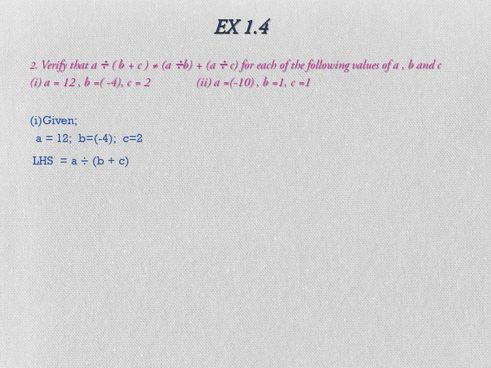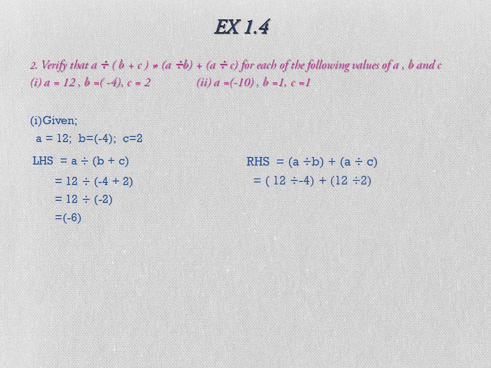What you will get? 12 divided by (negative 4 plus 2), that equals 12 divided by negative 2, is equal to negative 6. LHS we got as negative 6. RHS, we just substitute the values of A, B, C, that is 12 divided by negative 4 plus 12 divided by 2, that equals negative 3 plus 6 is equal to positive 3.